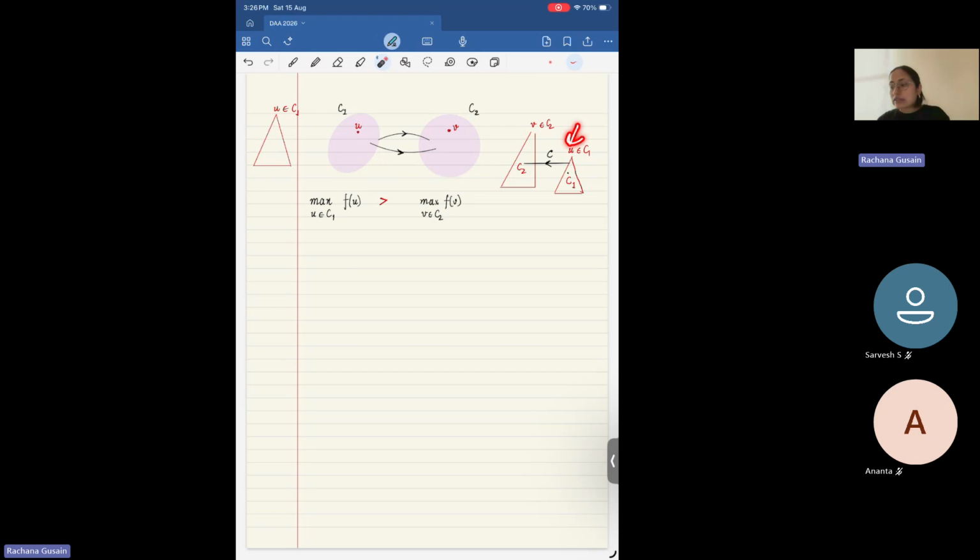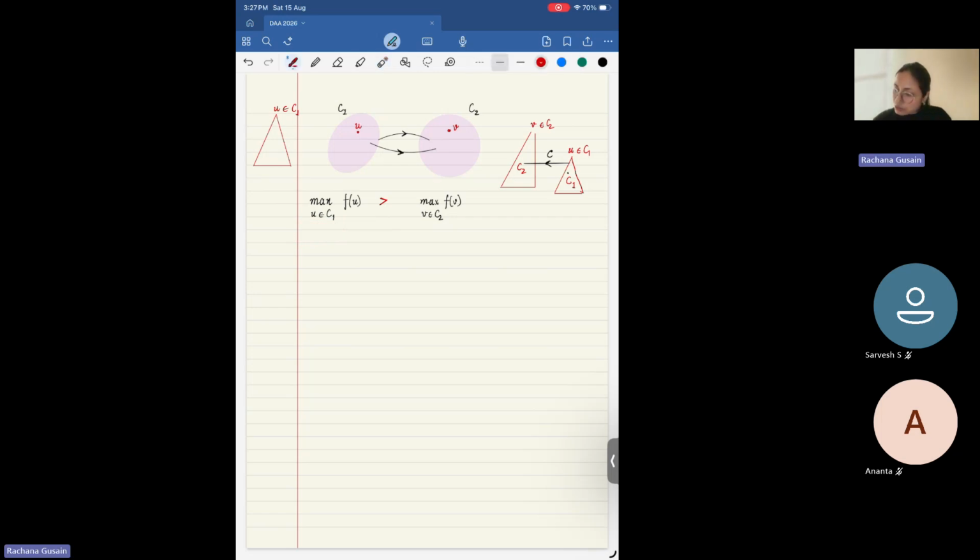So U has the largest finish time. Again, U is coming from component 1. So we'll always have this property no matter where I start my DFS from, whether from a node in C1 or a node in C2, it will always be the case that the largest finish time will be associated with a node in C1.